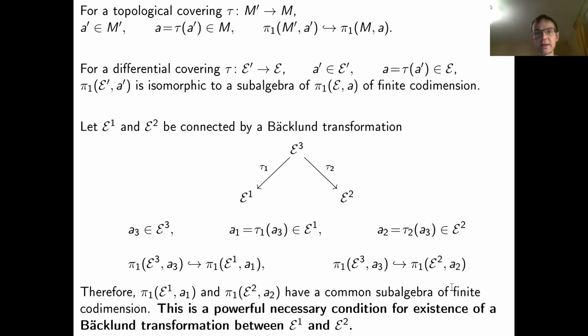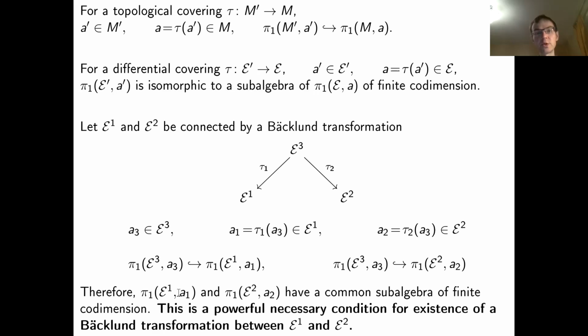But the algebras themselves, for instance in the case of soliton integrable 1+1 dimensional PDEs, will be infinite dimensional. And we see that these infinite dimensional algebras have a common subalgebra of finite codimension. Therefore, they cannot be arbitrary. They must be very similar.